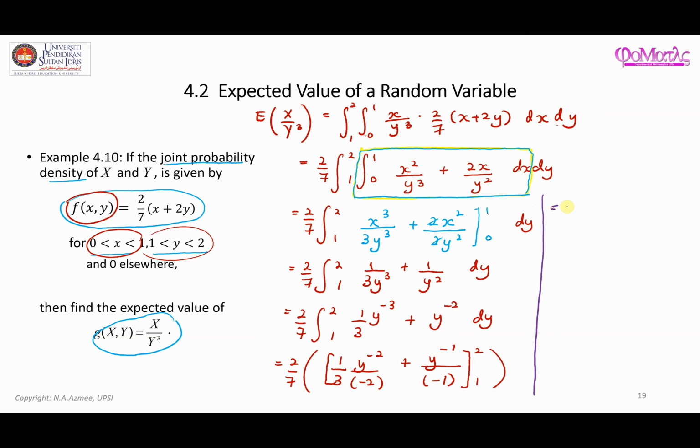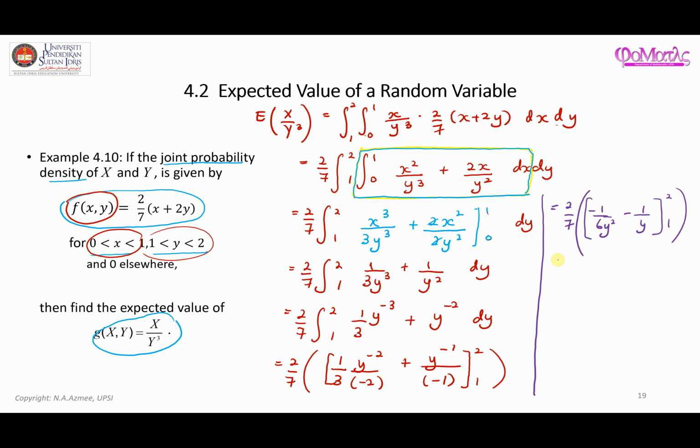So what we have is 2 over 7, and then here we have negative 1 over 6, negative 1 over 6, this one. So 2, you can write in terms of y squared, and then minus 1 over y. Okay, 1 over y. And then here we have 2 and 1.